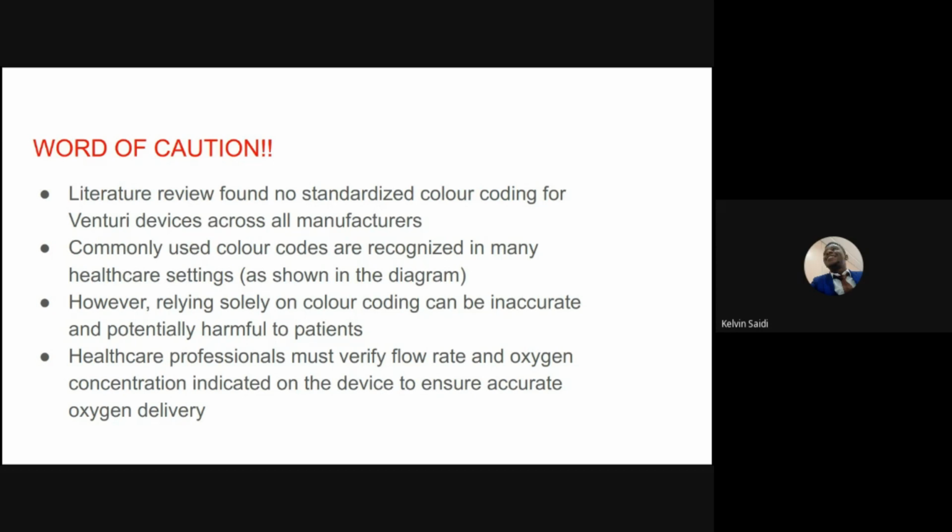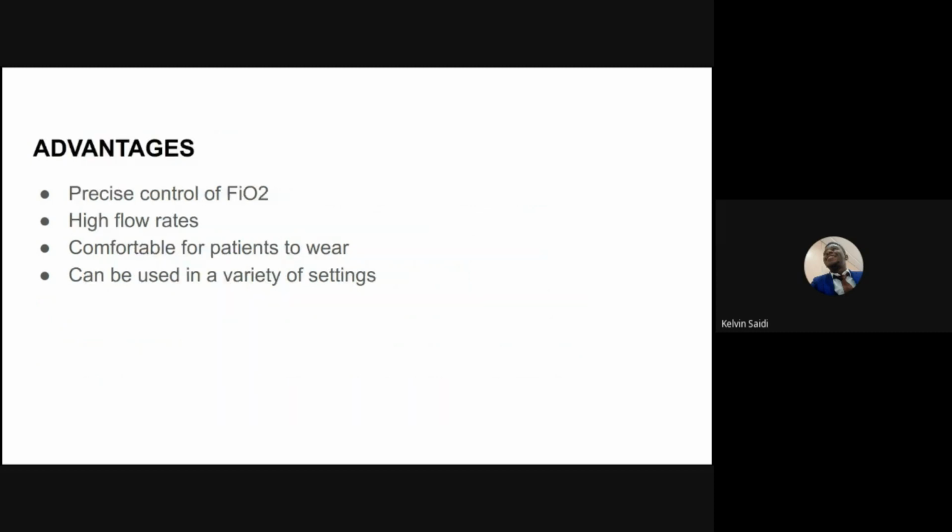So a word of caution would be that the healthcare professionals must verify the flow rate and oxygen concentration that is indicated on the Venturi device and not solely rely on the color coding to ensure accurate oxygen delivery to the patient. So you do this to avoid oxygen toxicity and inadequate oxygen supply.